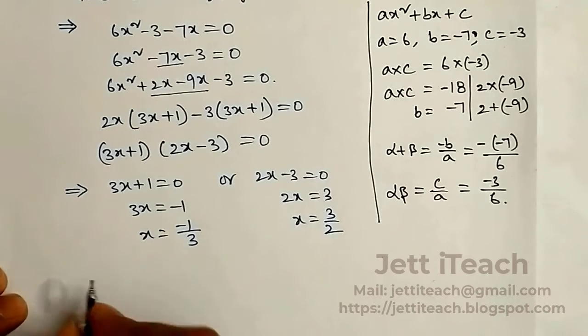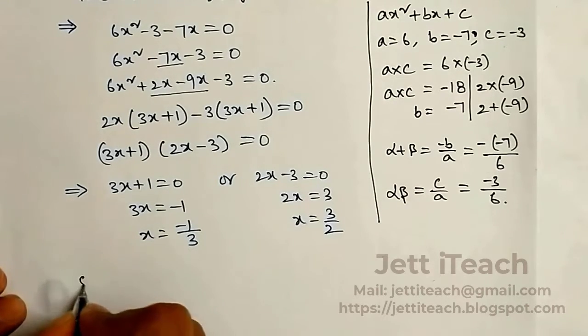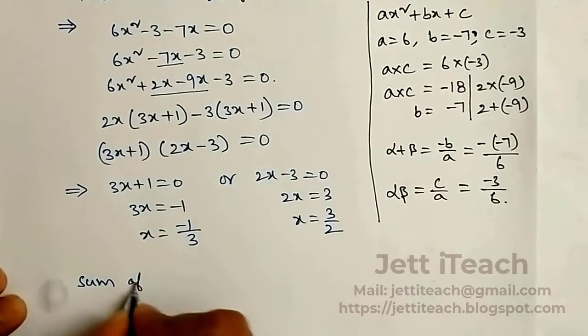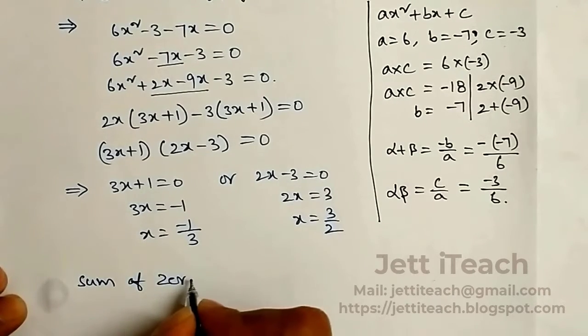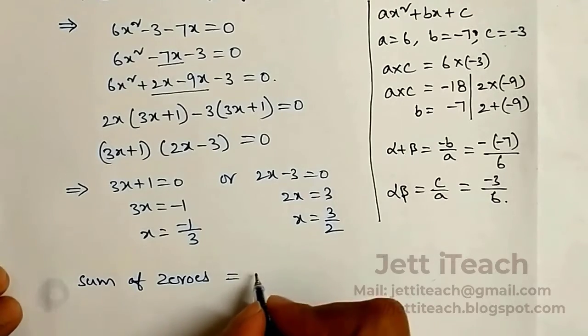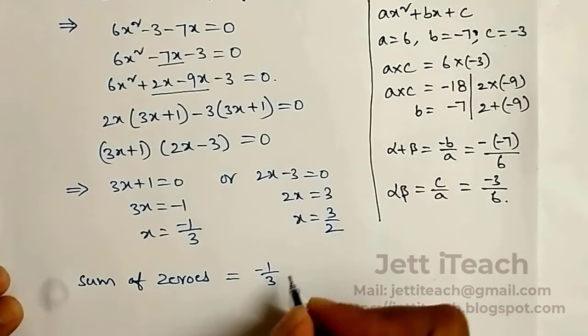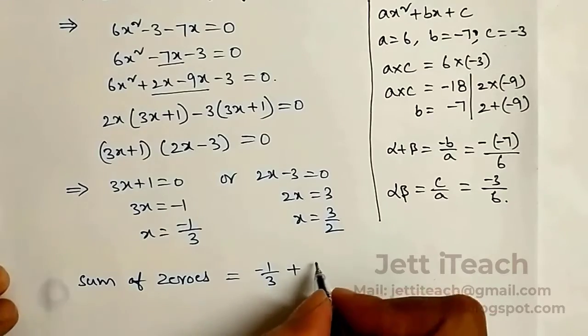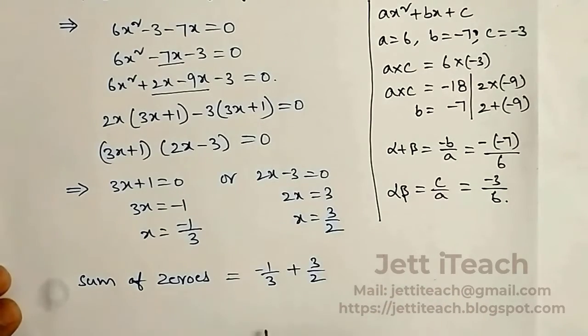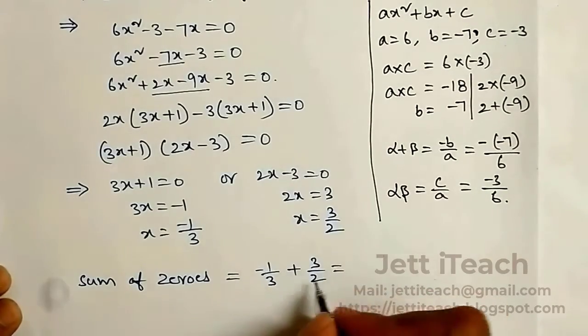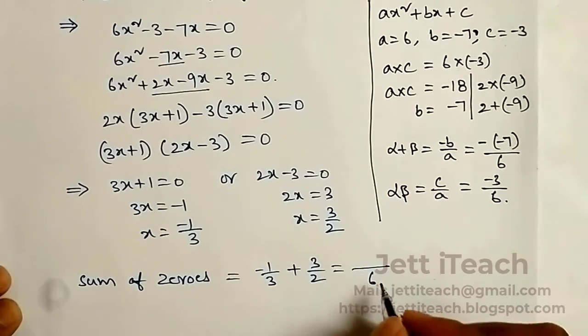You can write the sum of zeros equal to minus 1 by 3 plus 3 by 2. You need to take the LCM, which is 6.